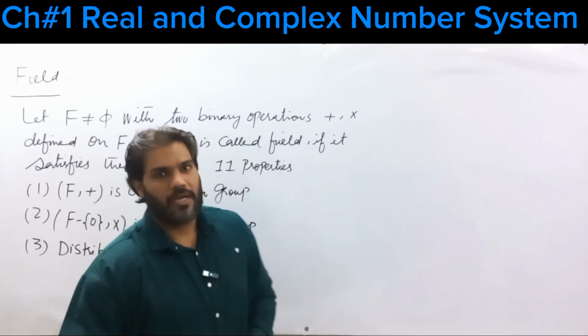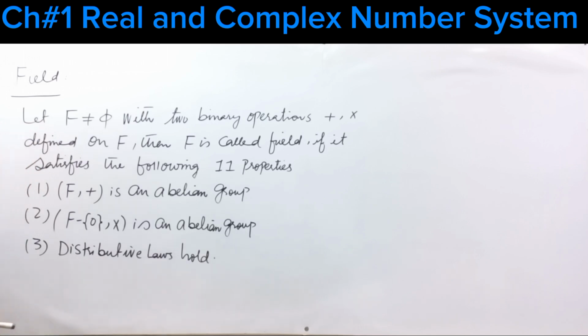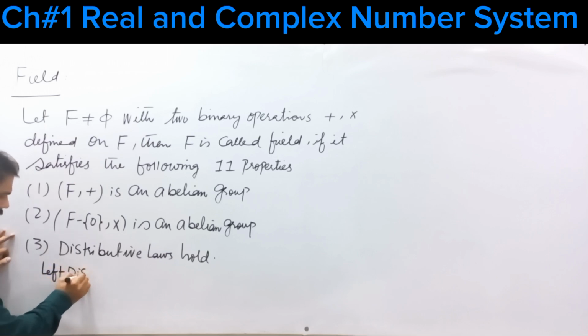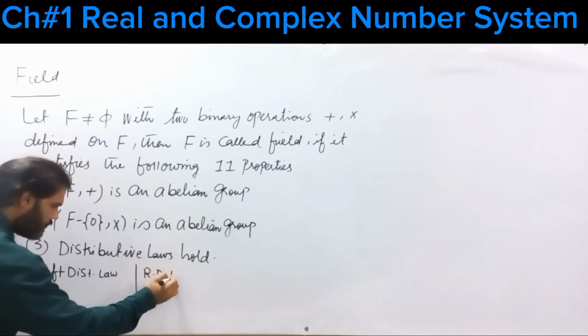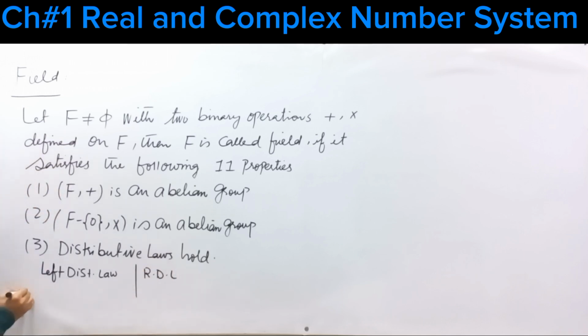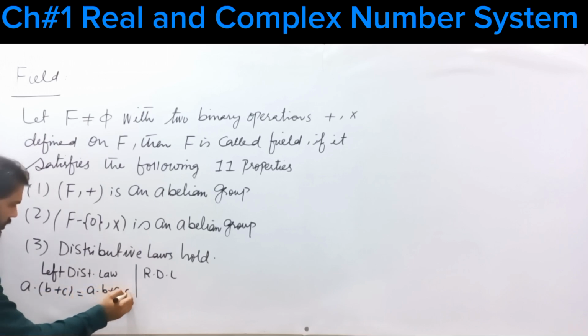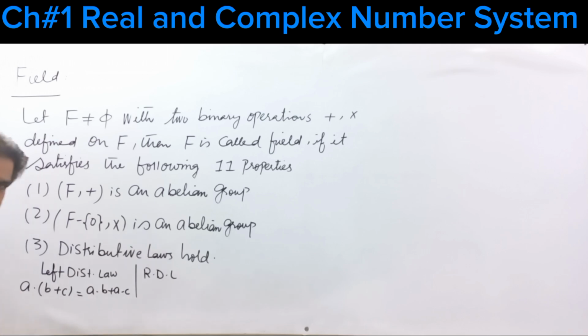Lastly, the last property is the distributive law. The distributive law is of two types. One is the left distributive law and second is the right distributive law. The left distributive law of multiplication over addition can be defined as: if A, B, C are any 3 elements of the set F, then A into (B plus C) equals A into B plus A into C. This is the left distributive law because here we multiply A from the left side.